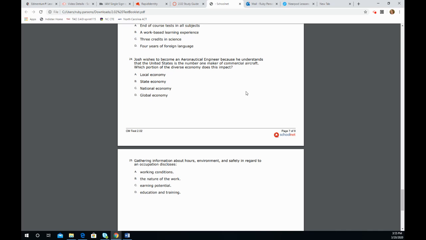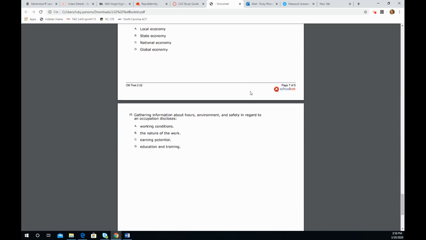Well, if Josh is thinking about the United States, that makes it national. If it's local, you'd be thinking about the county you live in. State would be the state you live in. National would be the country you live in. And global would be the whole world. So 24, once again, is national economy.